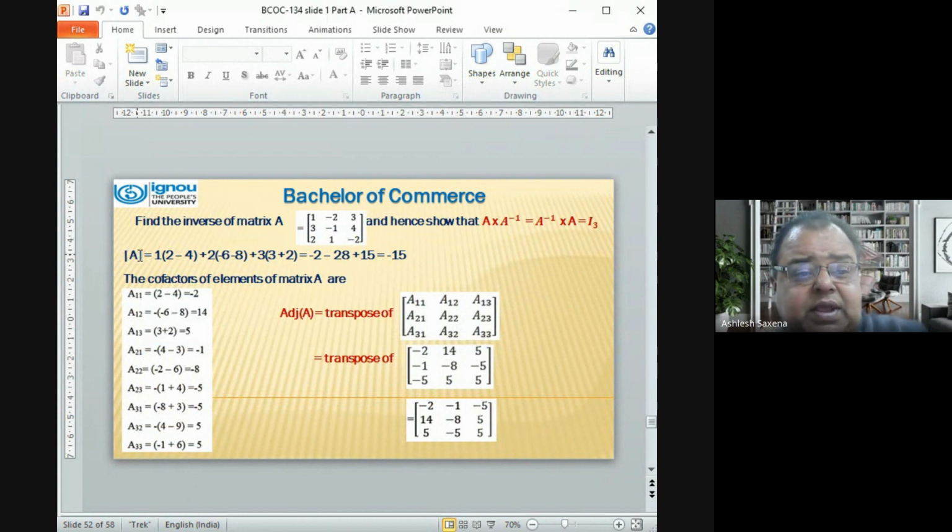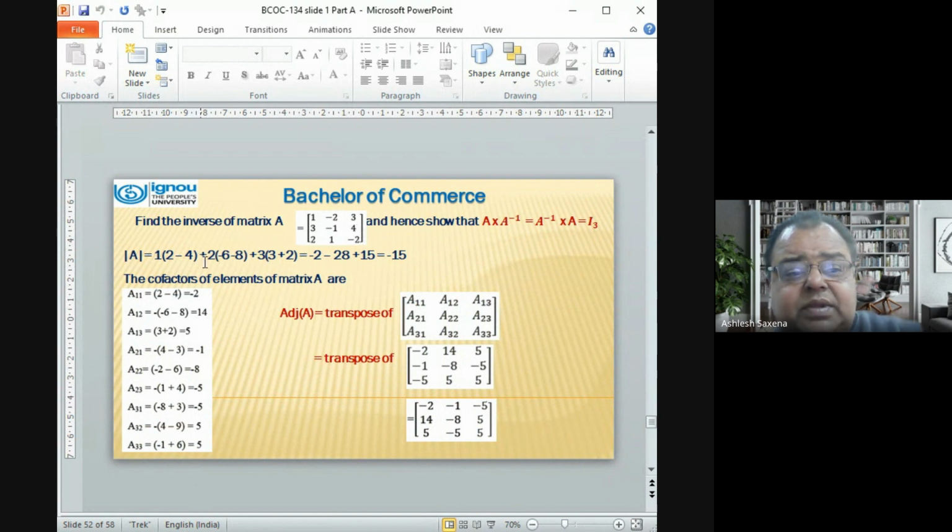It's calculated like this, if you remember it: you will start with 1. Multiply these two numbers minus multiplication of these two numbers. This is 2 minus 4. First one is plus, second one is minus. Since minus is over here, this will become plus 2. Remove this, remove this. You will be left with minus 6, minus 8.